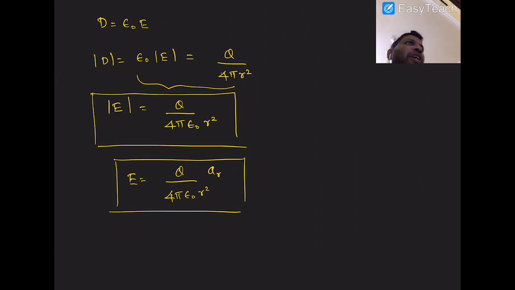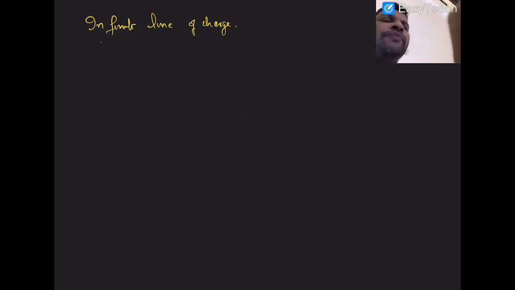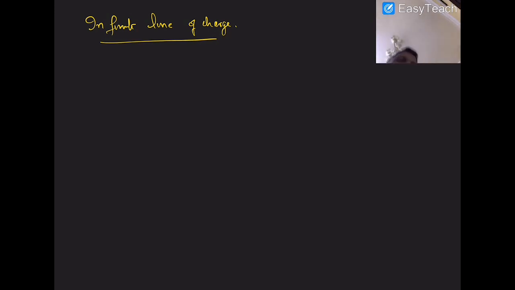Next we will see the electric field due to the infinite line of charge. How to calculate this? While applying Gauss's law, you have to be very careful.